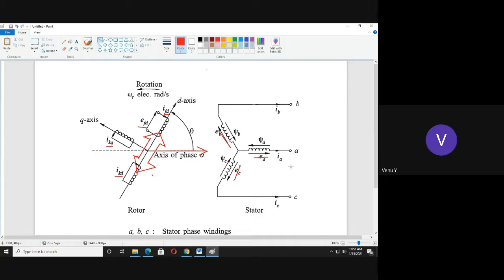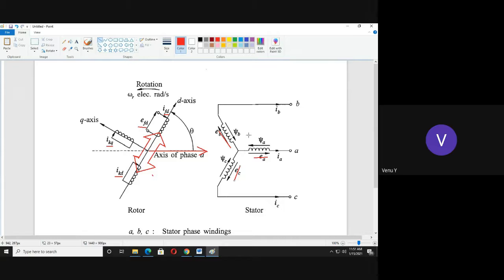Now you have many rotor windings, and for each rotor winding, many stator windings. Now it is a complex circuit of the synchronous machine. Now, how to derive the self and mutual inductances is a challenge.